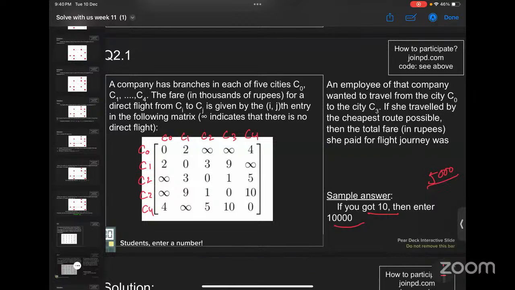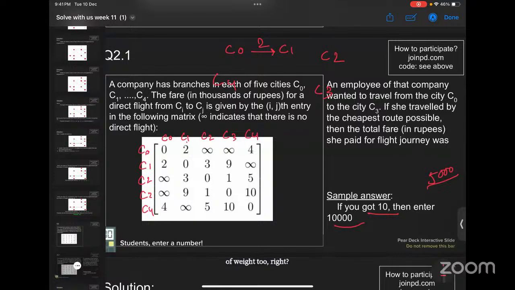Okay. If I have a matrix, I can draw the graph from the matrix, right? We have the vertices C0, C1, C2, C3, and C4. C0 to C0, there is no edge, obviously. From C0 to C1, we have this edge of weight 2.